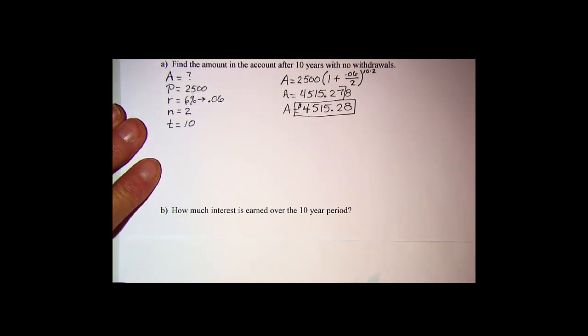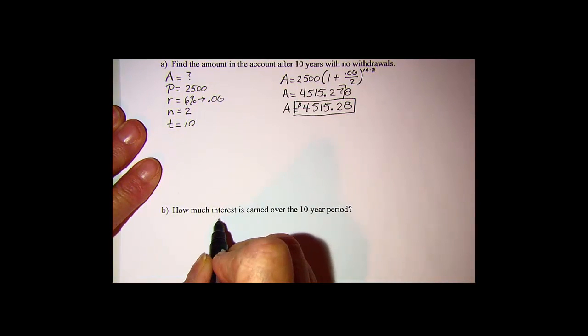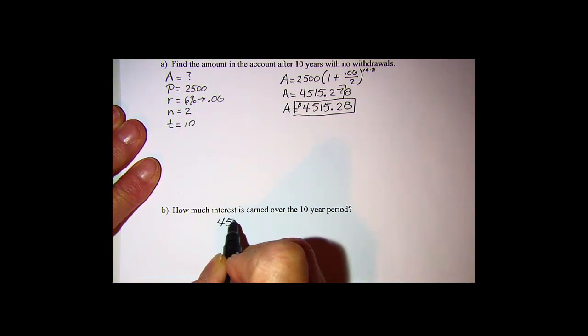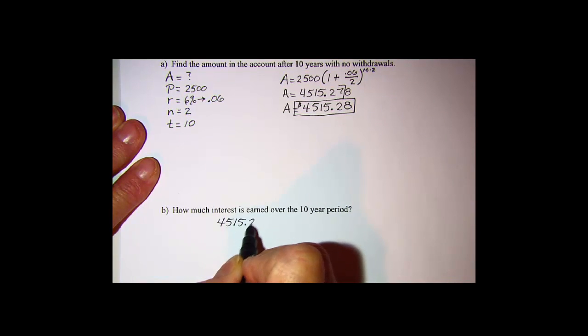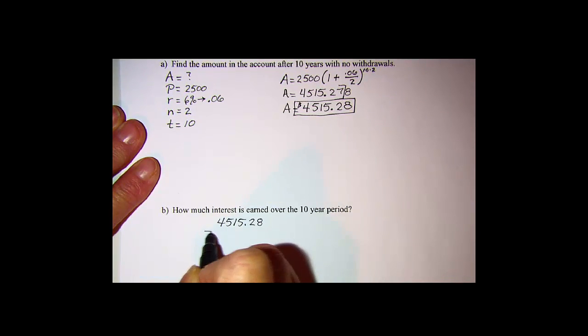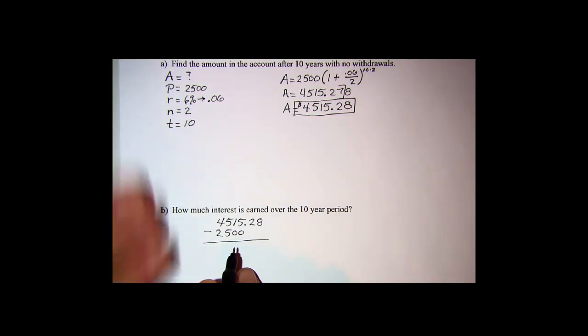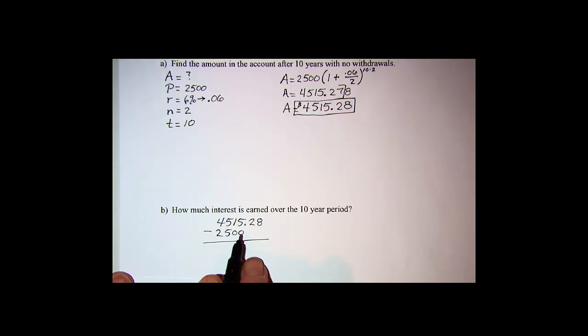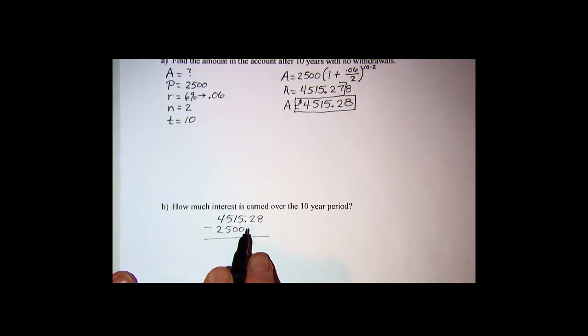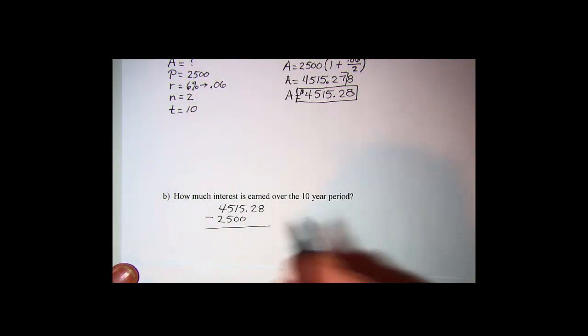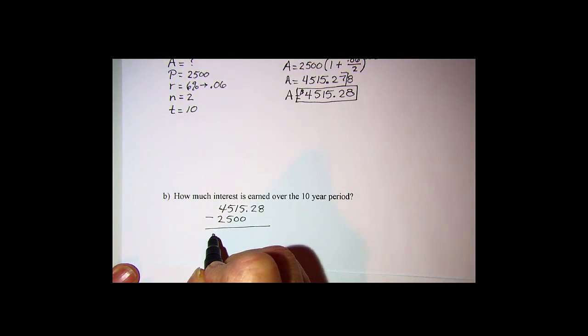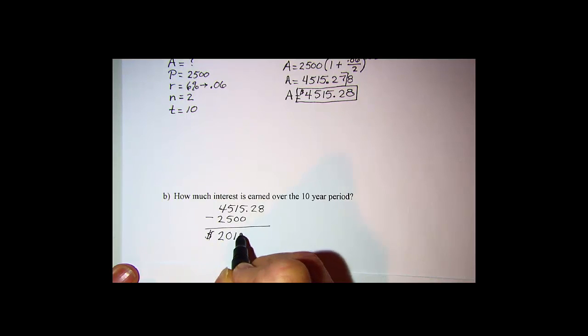So our interest is just going to be $4,515.28 subtract 2,500. Remember that when you're subtracting decimals by hand, you have to line up the decimal points. So make sure you do that. So it looks like my interest is $2,015.28.